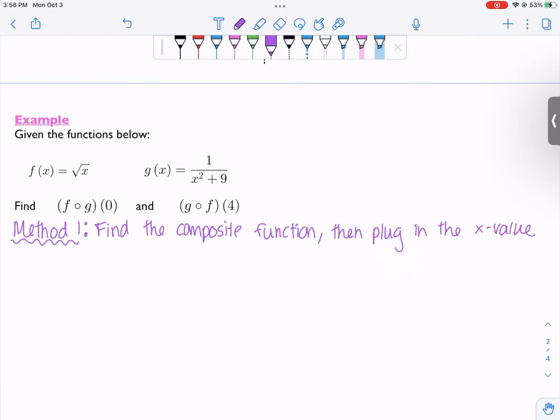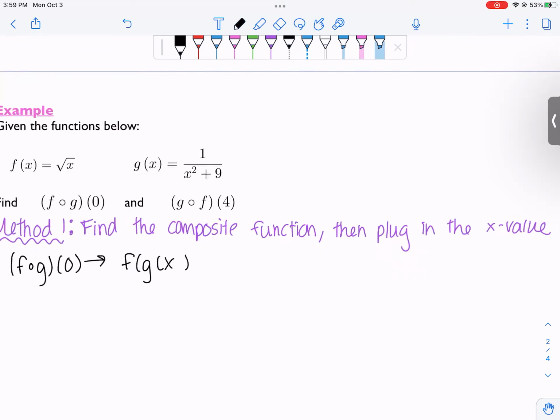So if I'm looking at f composed with g of 0, I would find f of g of x first.